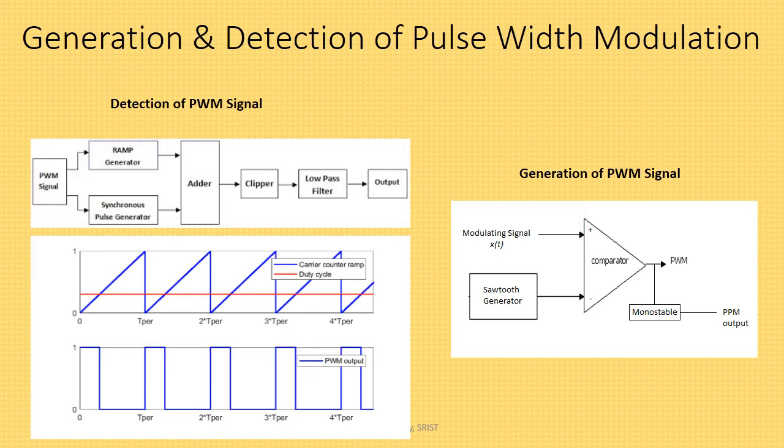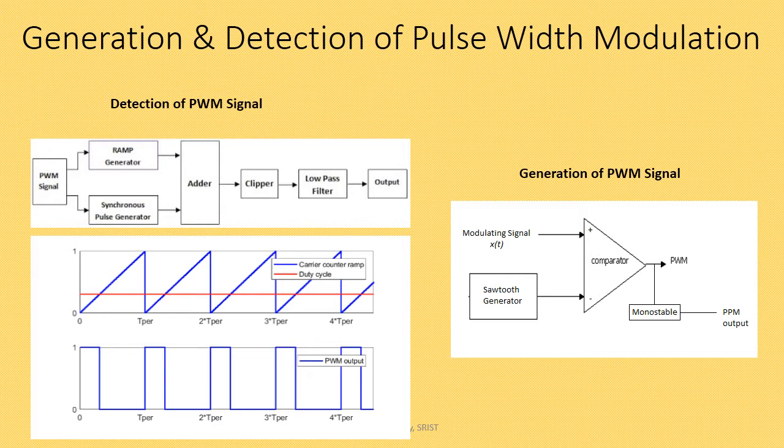The block diagram here can be used for PWM. Here a sawtooth generator generates a sawtooth signal of frequency Fs. Therefore, the sawtooth signal in this case is a sampling signal.